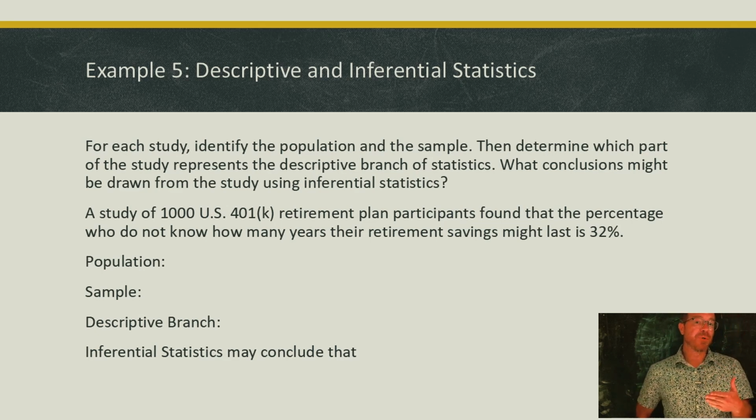Our population from that would probably be all people in the U.S. who have 401k retirement plans. Our descriptive statistic is that 32% don't know how many years their retirement will last. So we might infer about the population that around 32% of all 401k participants do not know how long their retirement will last.